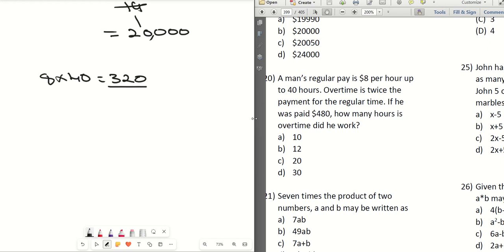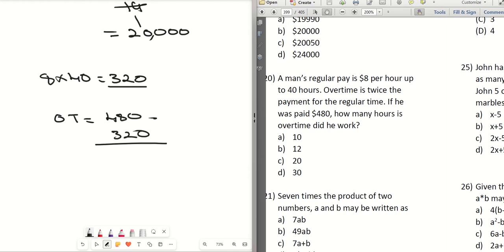With overtime is 480. So overtime would be 480 minus 320, which is 160. So we know $16 is the hourly overtime rate, so 16 multiplied by some number of hours is 160. You could see that the answer is 10, right?